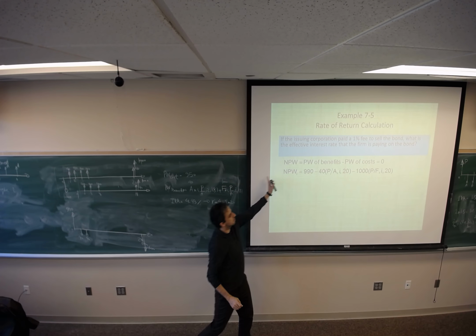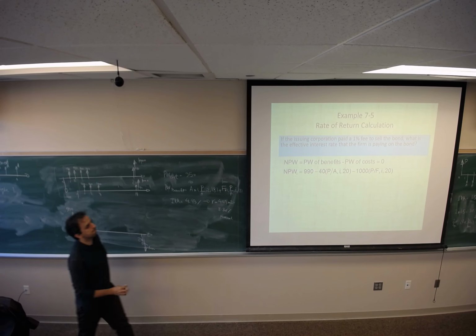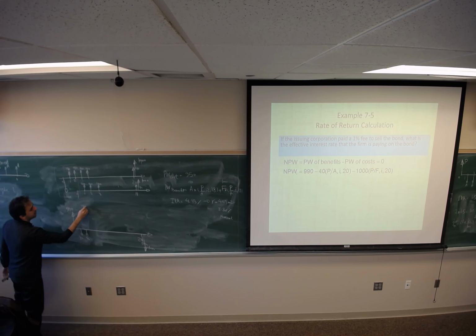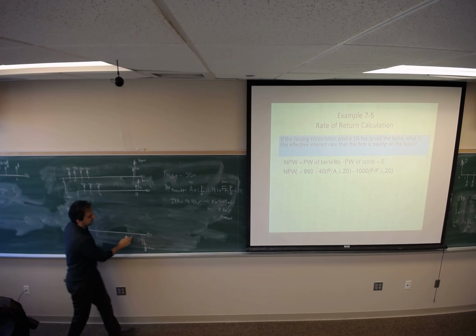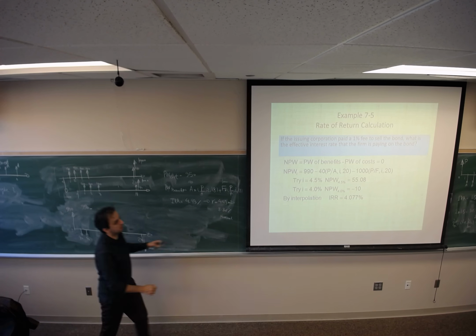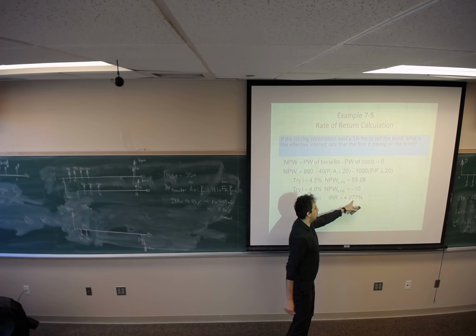Just do the calculation. 990 positive minus the present value of these future payments, and try different I, and you end up with an IRR of 4.077.